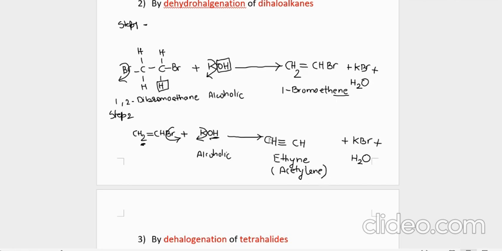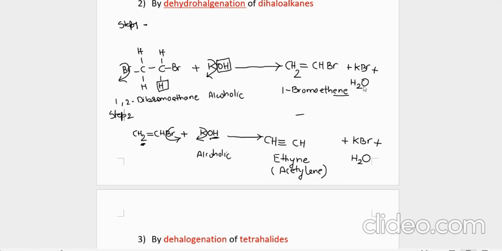Okay, so look at the reaction. So we have step number 1. We have started with 1,2-dibromoethane. It reacts with alcoholic potassium hydroxide. Remove Br, react it with potassium to form the byproduct, that is KBr. Then you have hydroxyl group from alcoholic KOH and hydrogen from the 1,2-dibromoethane.